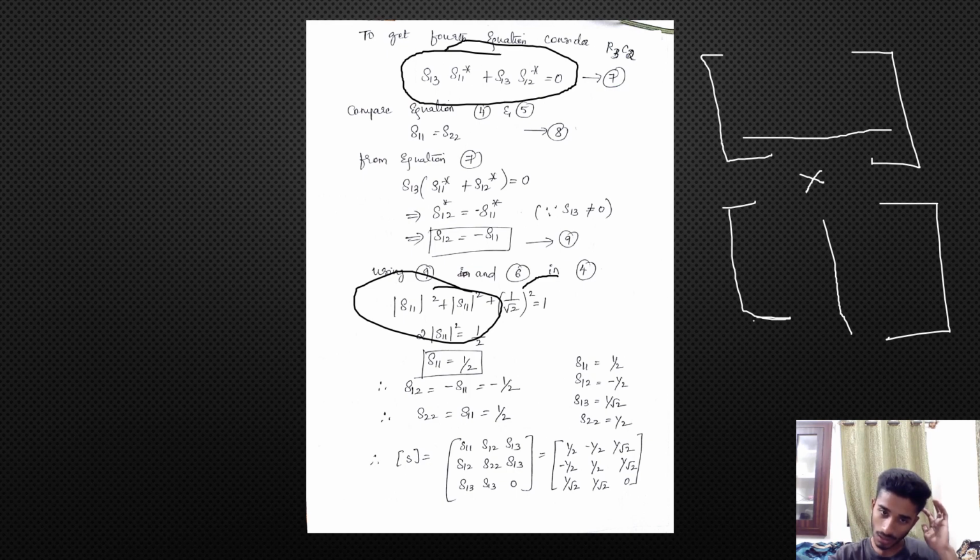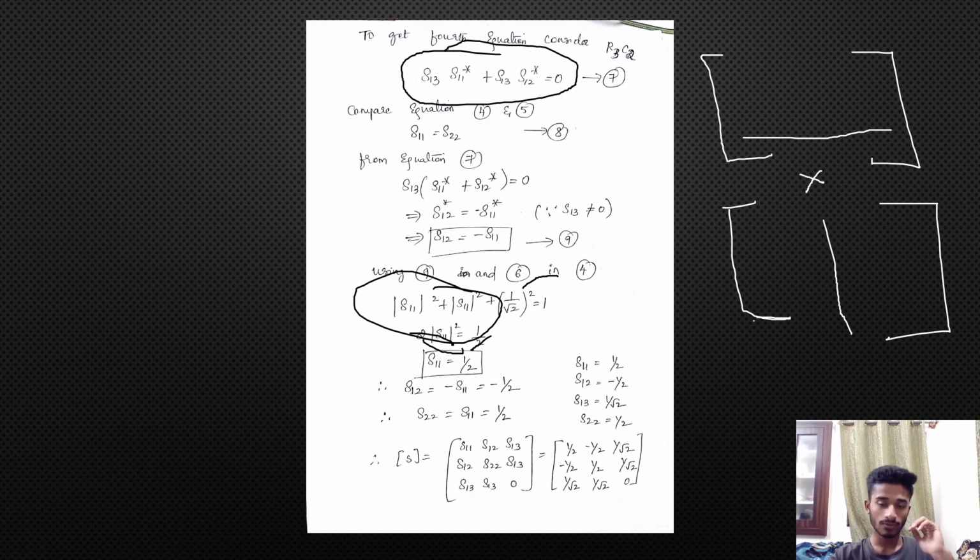Here it becomes 1 by 2. Sorry guys, we don't cancel out 2 and 2 here. We multiply 2 and 2 here indeed. So S11 equals root of 1 by 4, which is S11 equals 1 by 2.